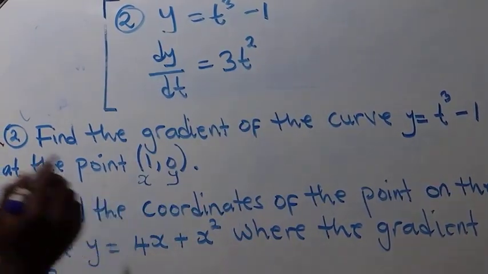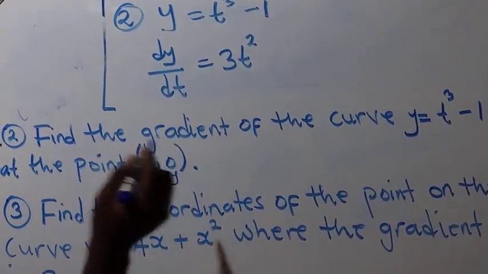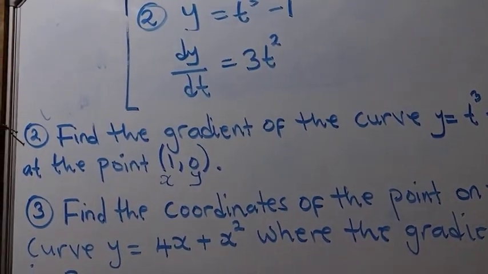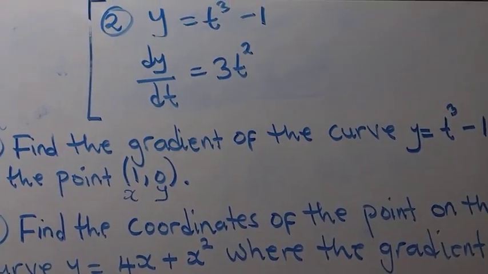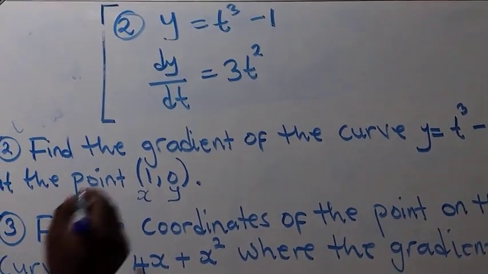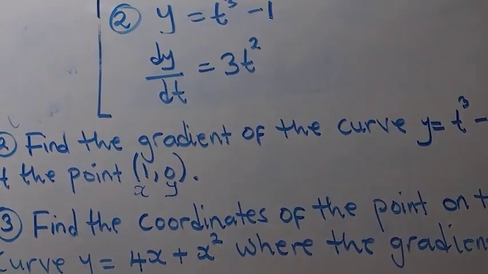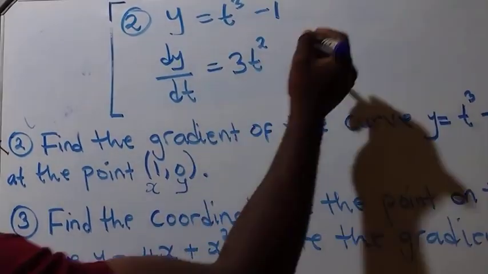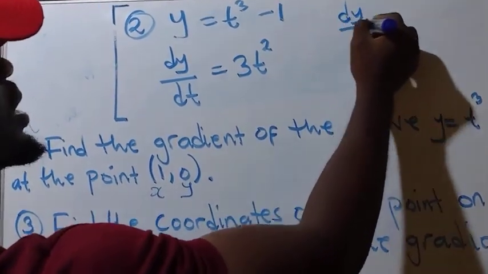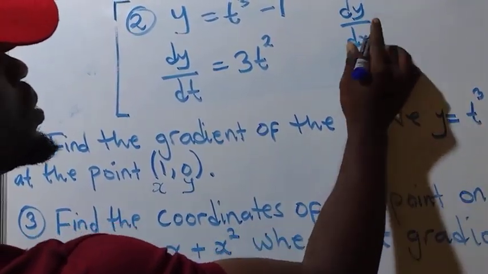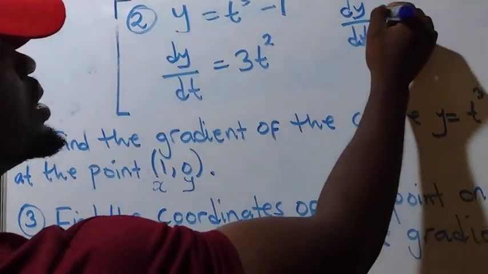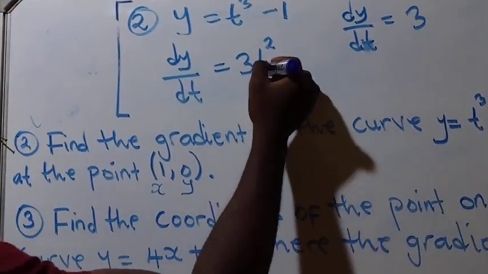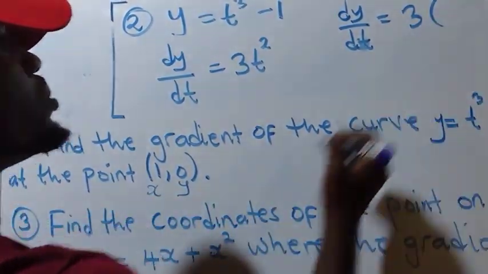Now they have said find the gradient. They want you to find the value, not the gradient function that you have come up with. So we say dy/dt equals 3, and here t squared, you open a bracket.